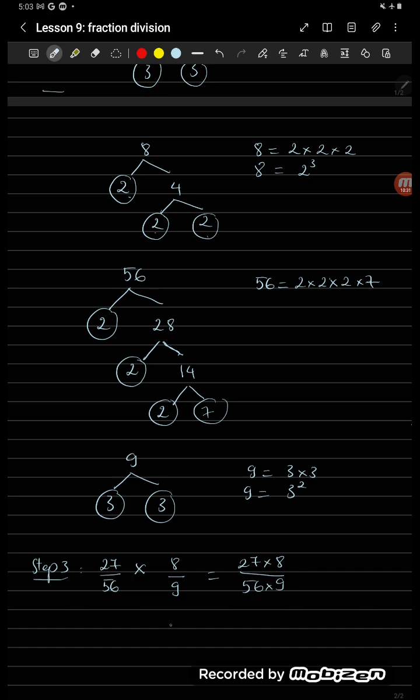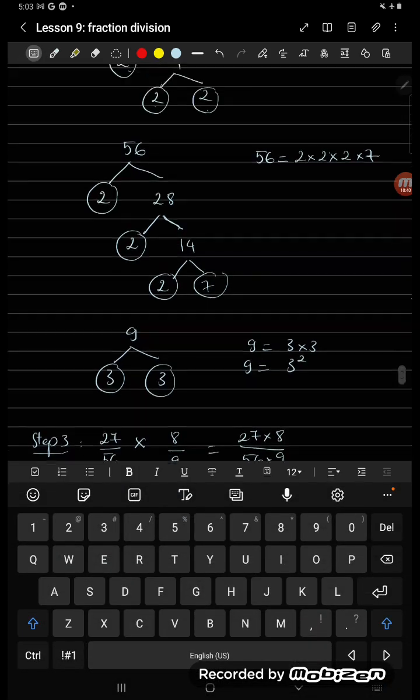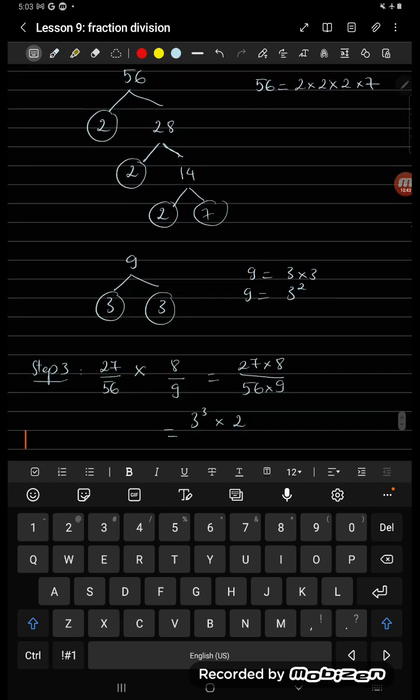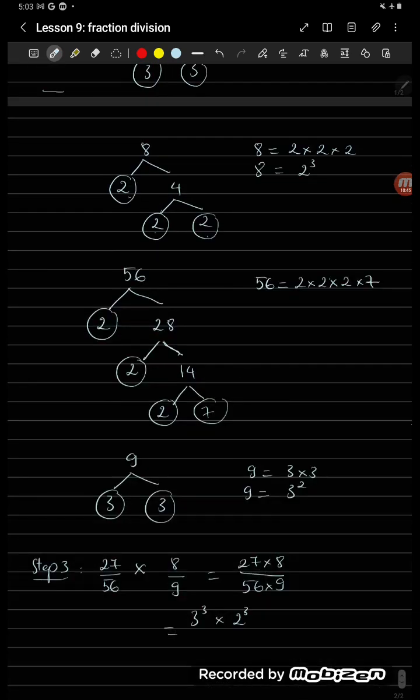So here, number 27, we write above as 3 power 3. And then number 8, we write as 2 power 3 as above. And then 56, we write here as 2 power 3 times 7. So 2 power of 3 times 7. And then number 9 here, we write as 3 power of 2.